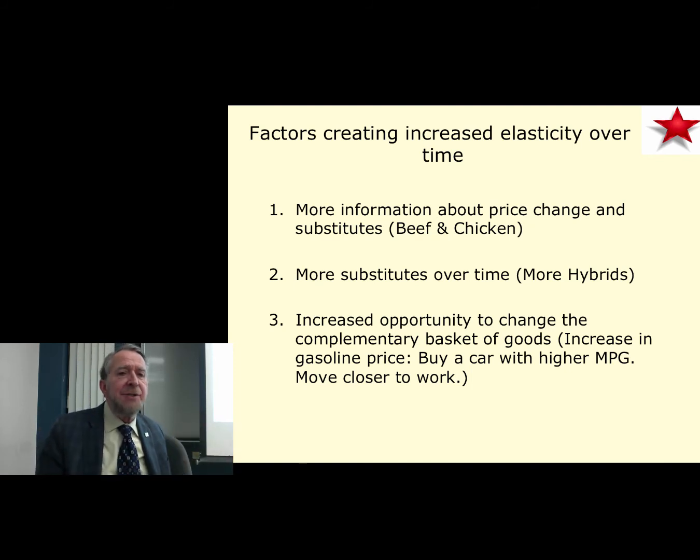The reason that is true is if you look at the other factors, you can see why it would be true. Number one, over time, you'll know more about the substitute products. Years ago, beef was the major form of meat that people cooked. Chicken was basically fried chicken, and that's about all you did with chicken.